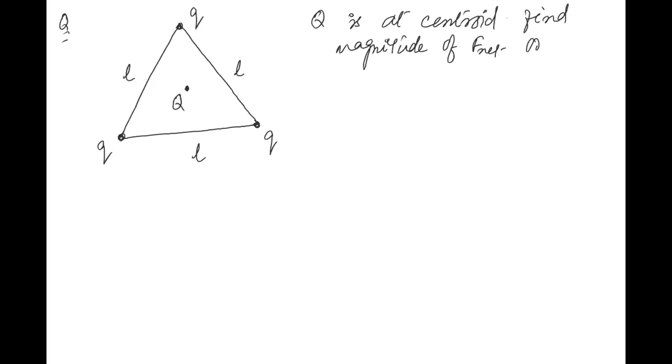Q is at centroid of this equilateral triangle. ठीक है, तो what is asked is find magnitude of F net on Q due to other 3 charges. Obviously, on this Q, which is placed at the centroid, how many charges would be exerting force? So there are 3 charges, this one, and this one.